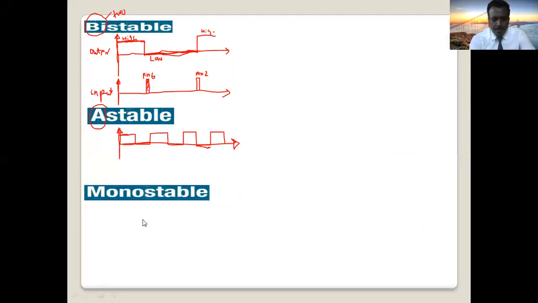So in monostable mode of operation, okay, so mono means one.